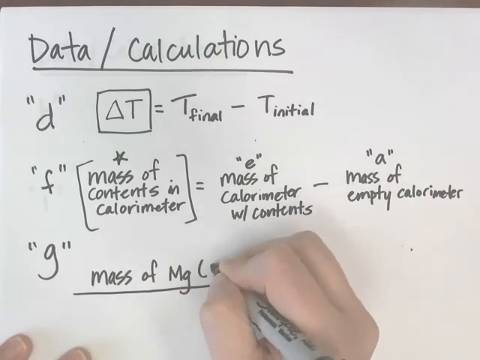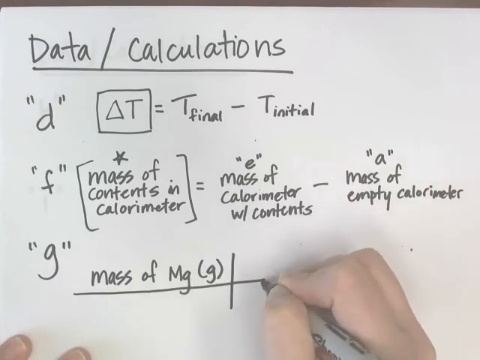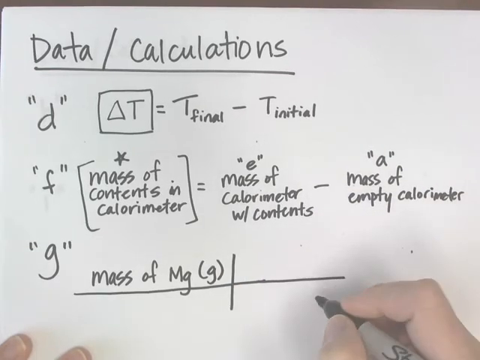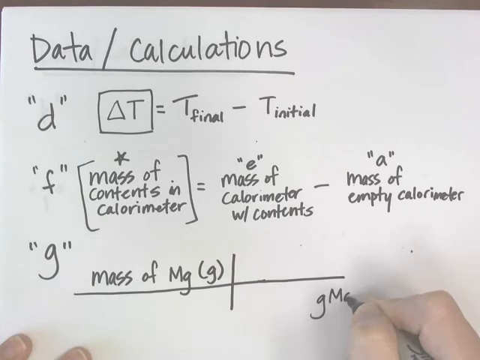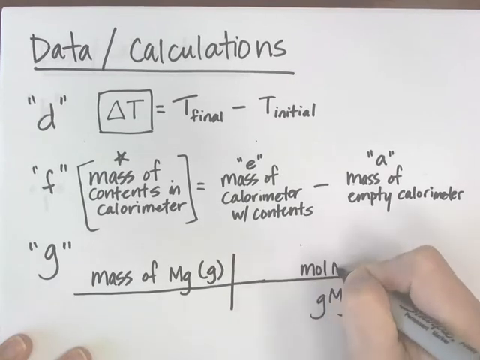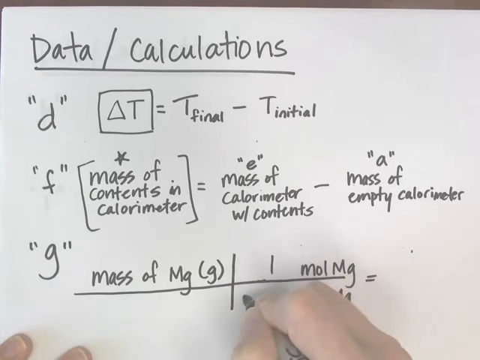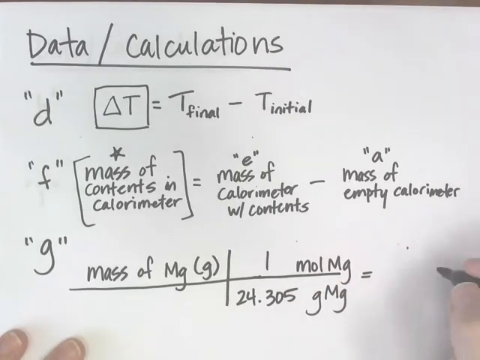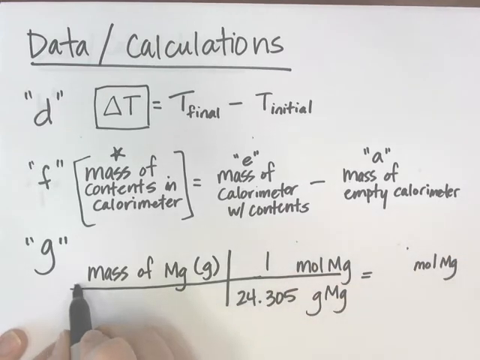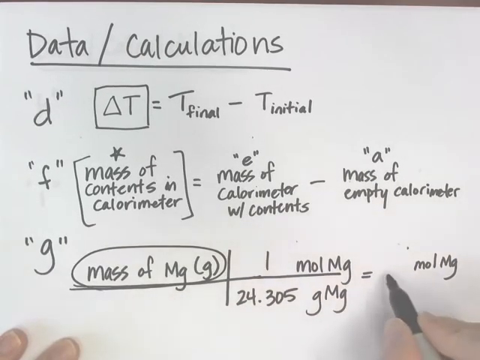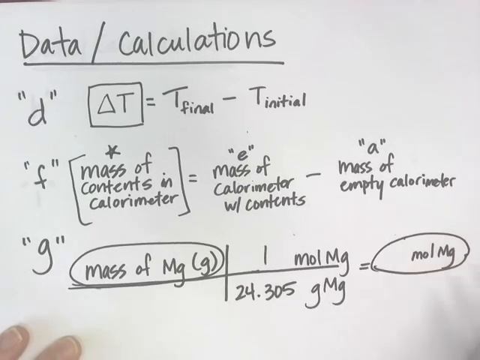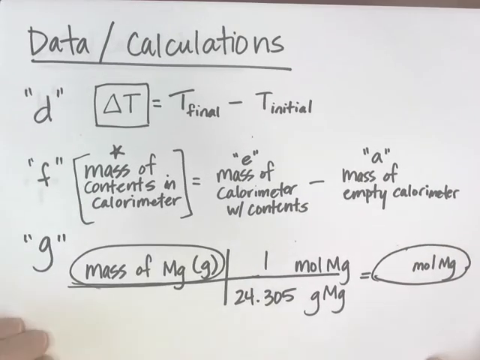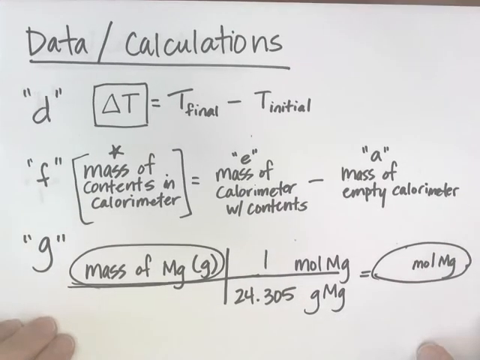But you also, in part G, need to convert grams of magnesium to moles of magnesium. Of course that's just a molar mass conversion. So be sure you report in part G the mass as well as the equivalent mole value. Both of those should be reported in G.